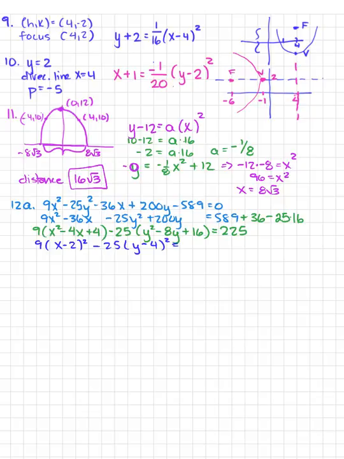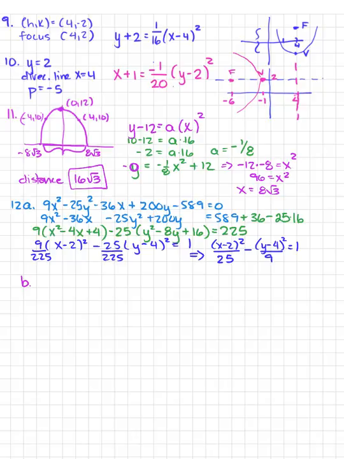And we have to set everything equal to 1, so these get divided by 225. Your final answer is going to be (x minus 2) squared over 25 minus (y minus 4) squared over 9 equals 1. So that would be the result from completing the square.